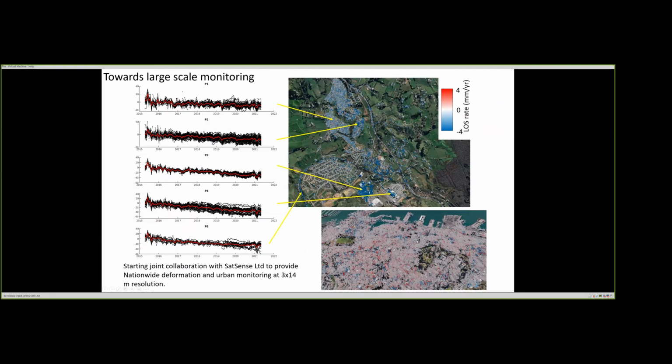You can see some of these little signals are to do with minor landslips, sometimes where there's been construction and you see the subsidence following. Then looking at longer term subsidence, this is a town, I forget the name of the town, to the south of Auckland, where we see this spatially varying subsidence across the town. At first glance, there's no real reason why the town should be subsiding.